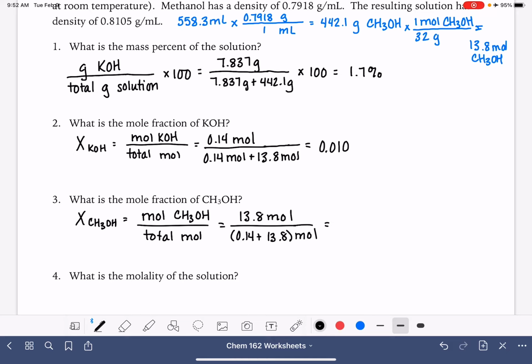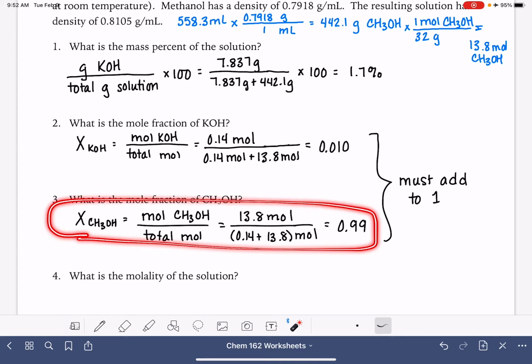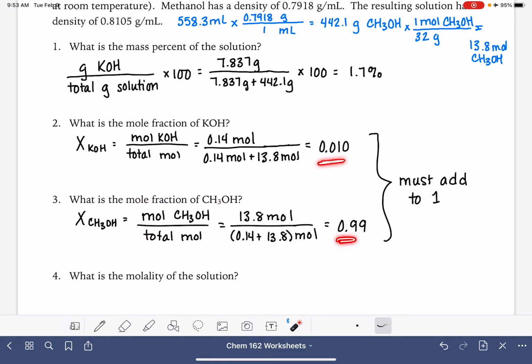And this should work out to be like 0.99. Thankfully it does. Remember that the sum of all the mole fractions must add up to 1. So it is possible when you're asked to calculate the second mole fraction, it would be okay for us to just do 1 minus the mole fraction of KOH. But it's good to go through this separate calculation, and that's a way of verifying that your original mole fraction was accurate.